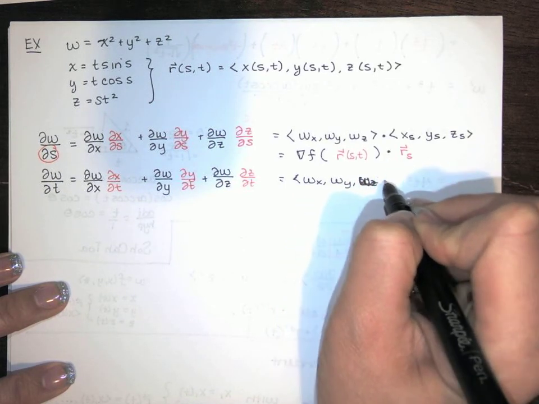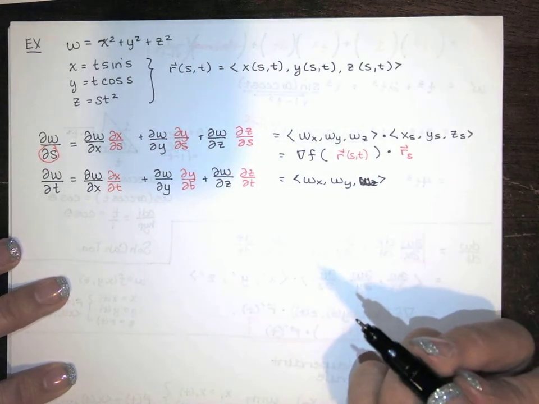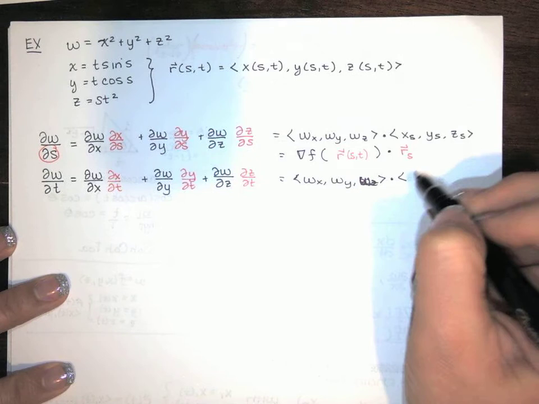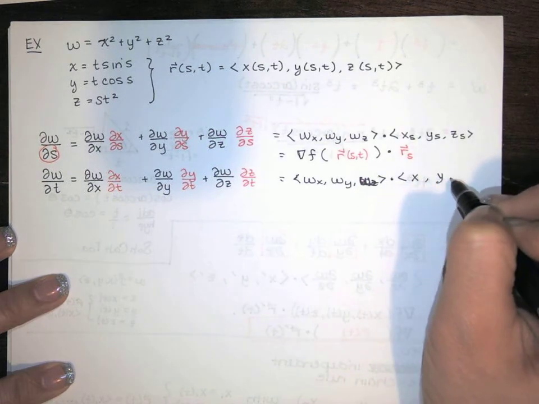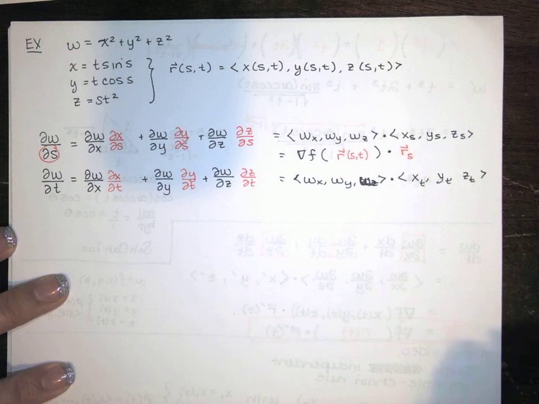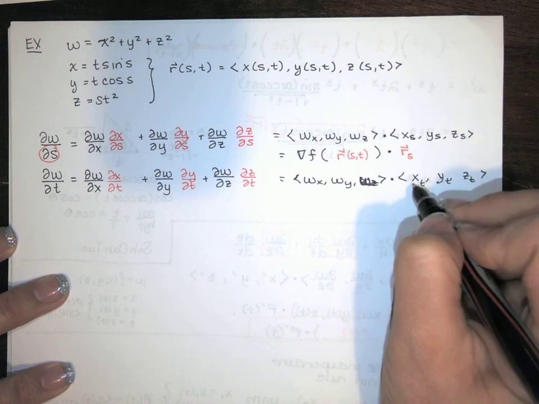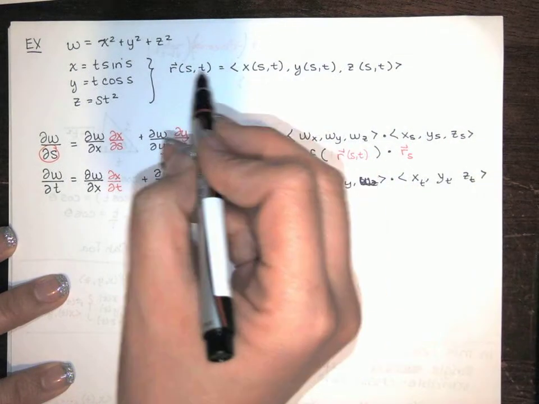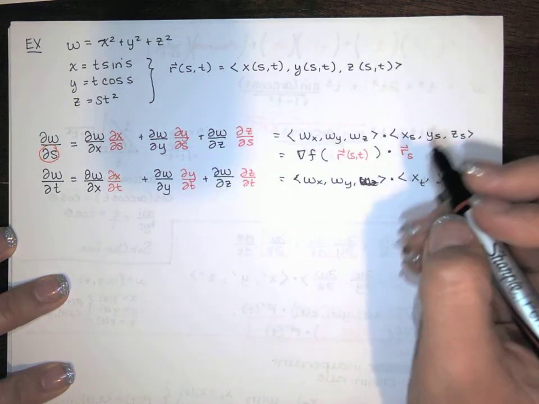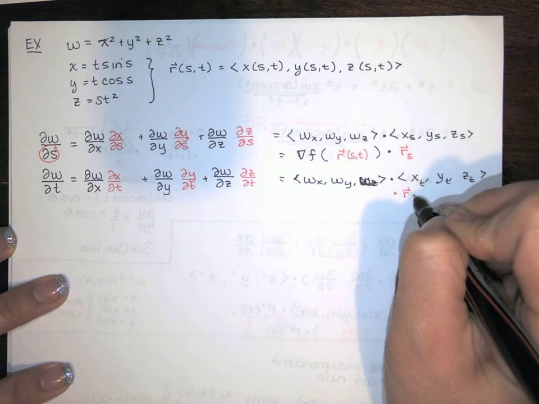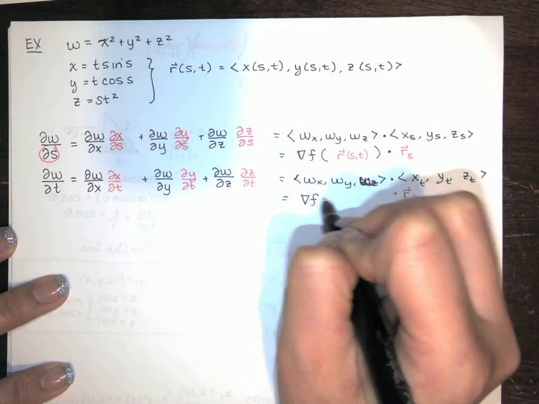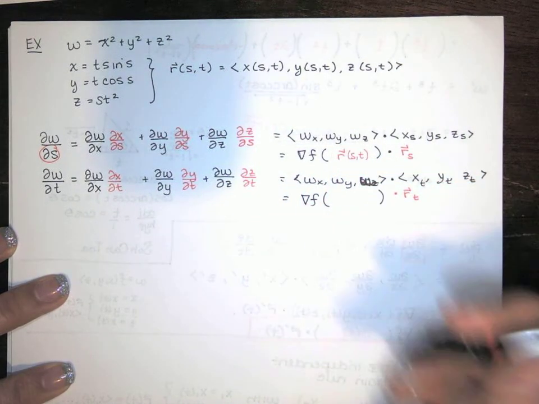I'm using Leibniz notation and subscript notation interchangeably because they are interchangeable. And these are x, y, and z, and we're taking derivatives with respect to t this time. Well, that's just taking the components of r and taking the derivative of each component with respect to t, holding s constant. So this is the partial of r with respect to t. And this is the gradient of f evaluated at r of s and t.